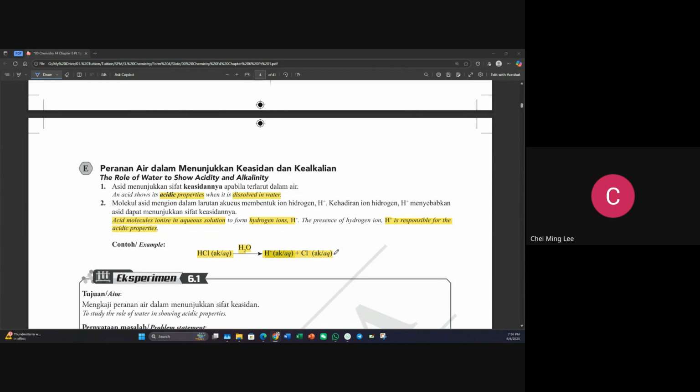This is why the acid only shows acidity after being dissolved in water. In normal condition, the crystallized one is not corrosive. Okay, you understand? So the medium here is water. There must be water. All right, jot this down.